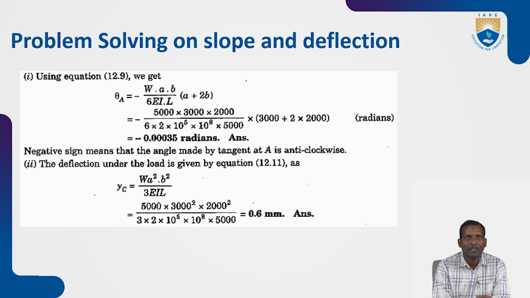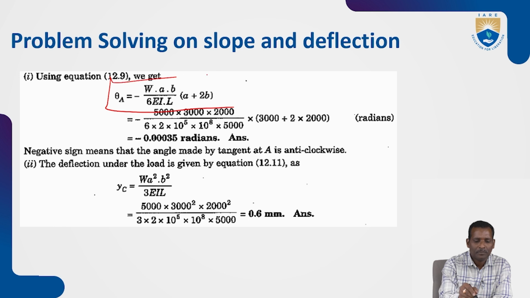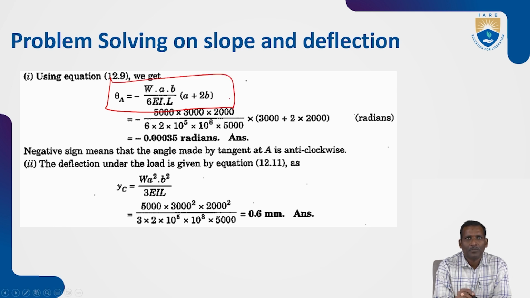So using the equation, theta A is equal to minus WAB by 6EIL times (A plus 2B). Why do we use the negative sign? Because it means the angle made by the tangent at A is anti-clockwise.